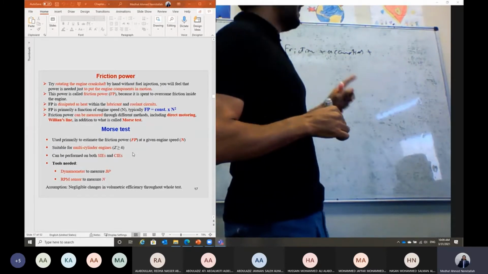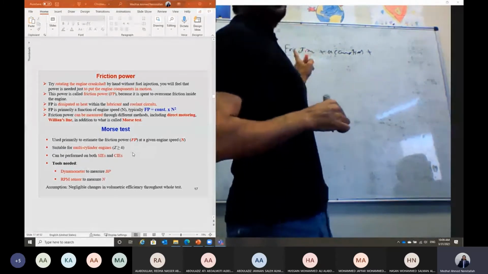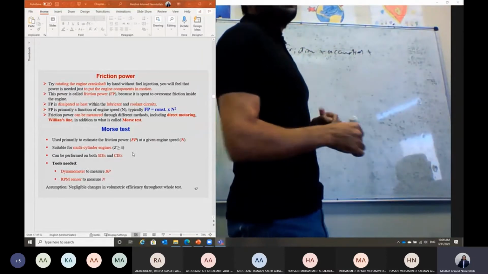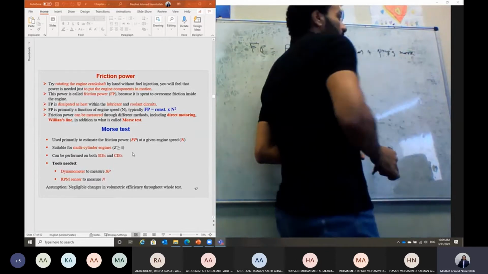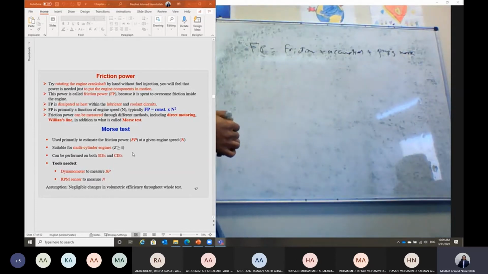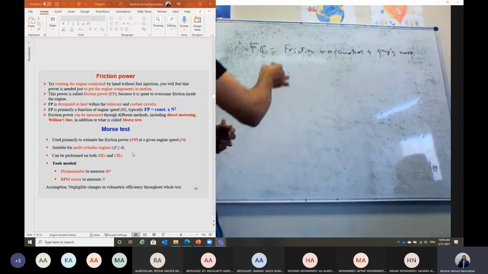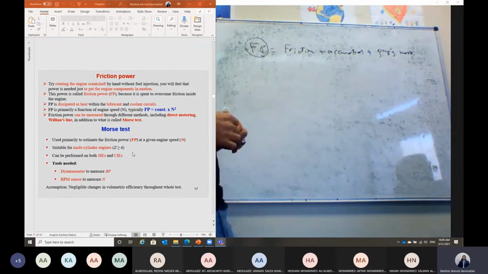So the friction loss power is equal to the rubbing friction losses plus the accessories plus the pumping work, which is the work required to drive the piston during the intake and the exhaust stroke. All of this, Shabab, sums up to the final friction loss power.